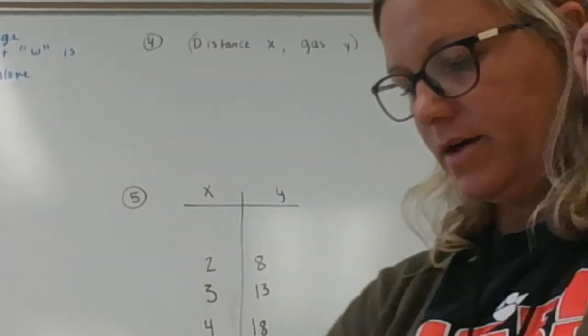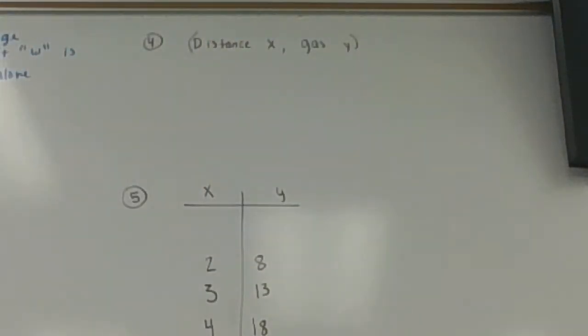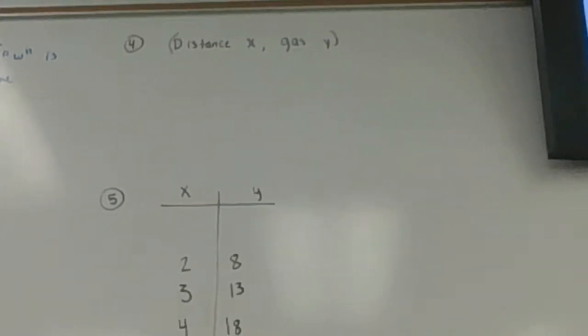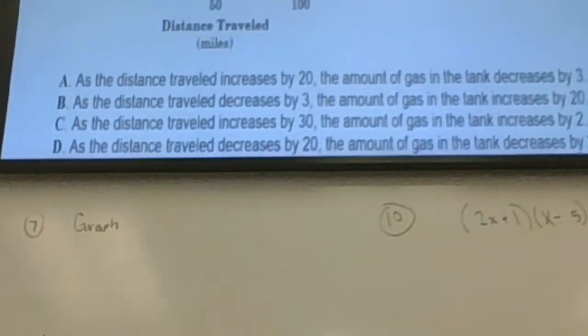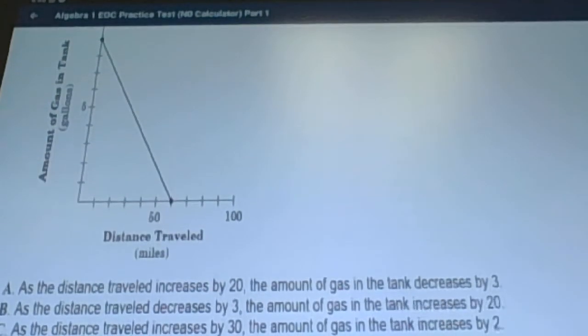Number 4. According to the graph. Alright, so I had a hard time. I wish this graph would have been on a grid instead of this blank graph here. So I'm tempted to do slope formula.